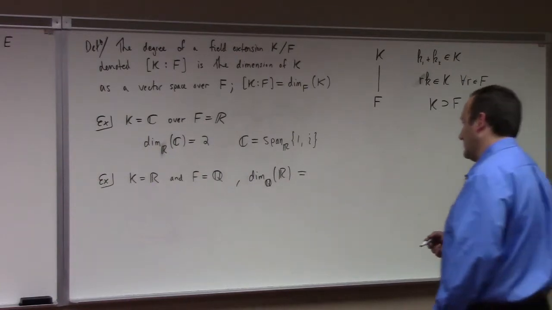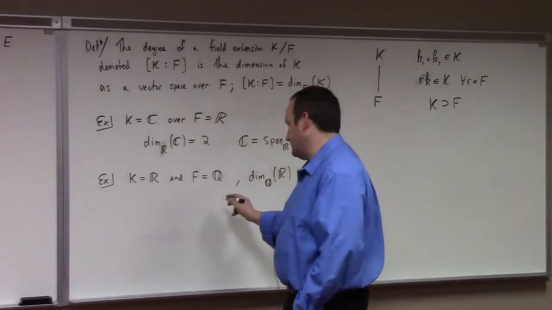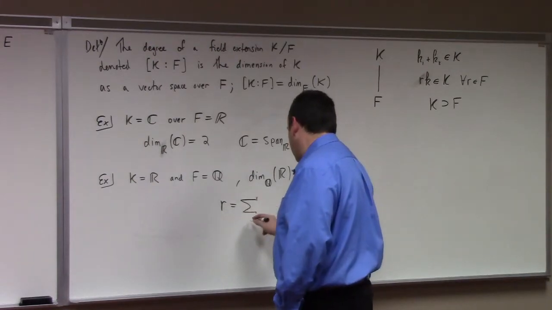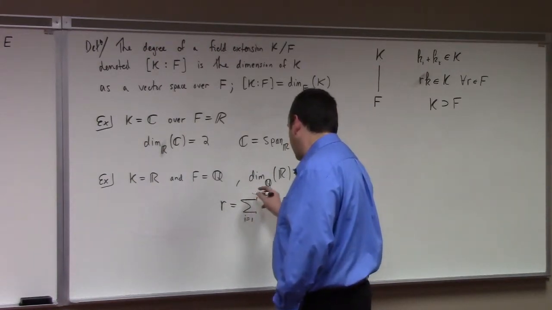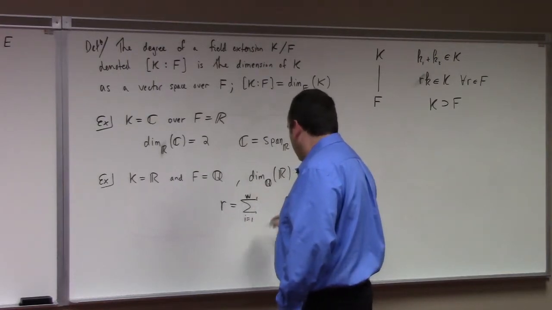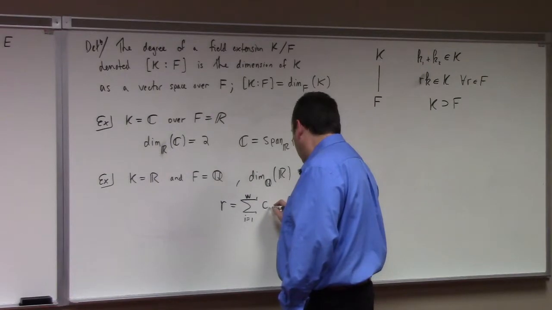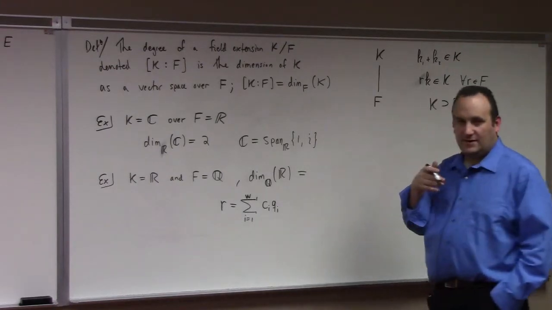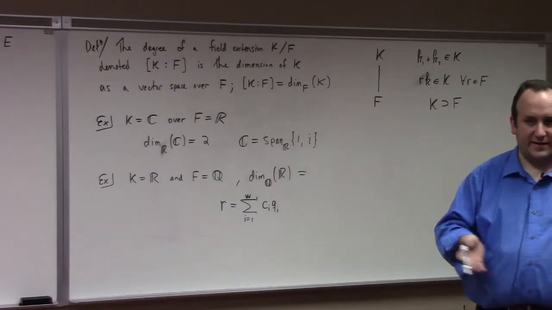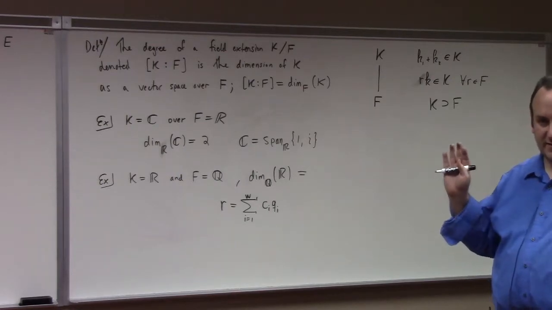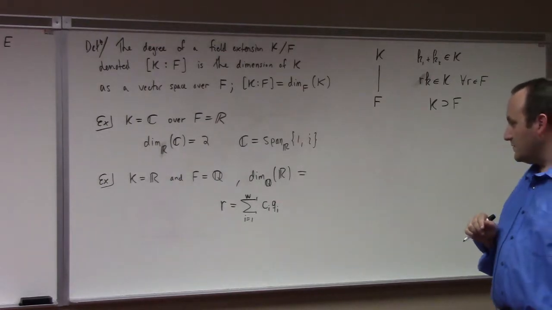You pick any real number R and you write it as a sum, i equals 1 to whatever, c_i q_i, where q_i are rational numbers. It would need to be a spanning set. So any real number can be obtained as a finite linear combination of these rational numbers with rational coefficients.